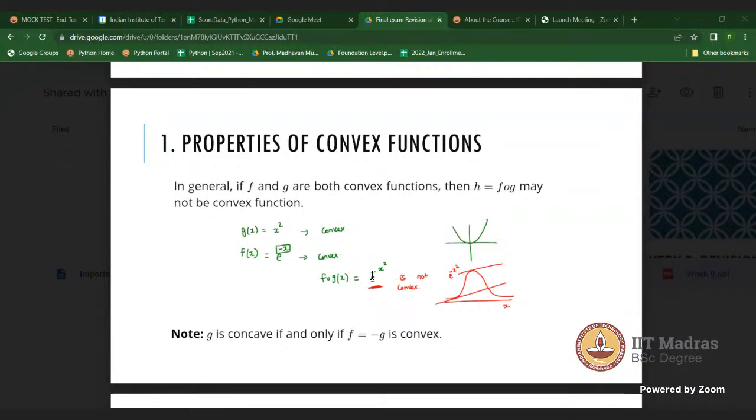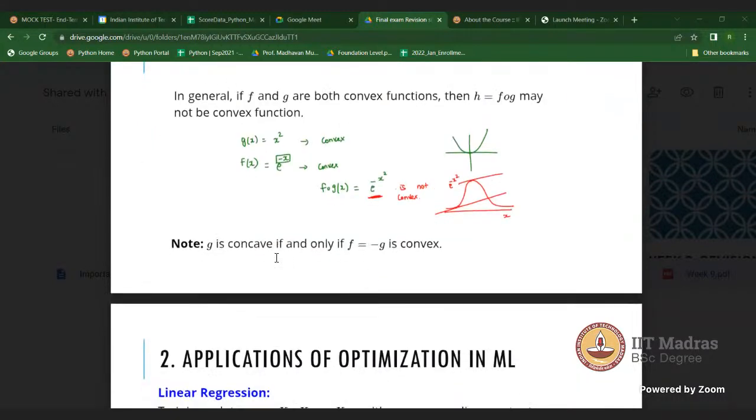All right, sir. So we can say that g is concave if and only if minus g is convex. Suppose f is a convex function, then minus f is going to be a concave function. The concave function is the opposite of the convex thing.